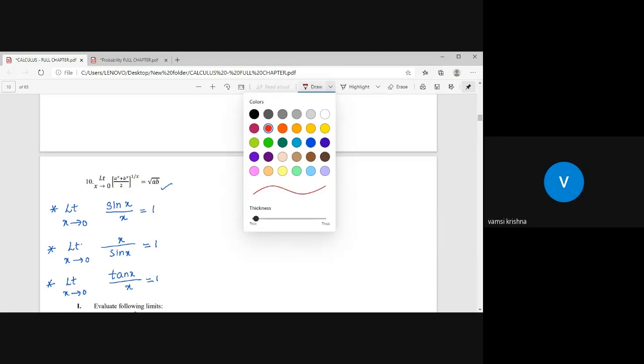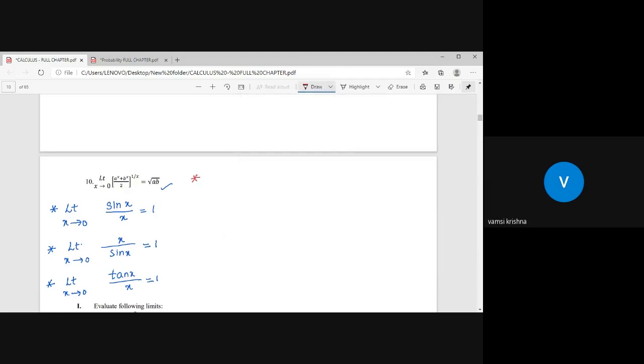And let us take the reciprocal. Limit x tends to 0, x by tan x is equal to 1. And let me add a to this.